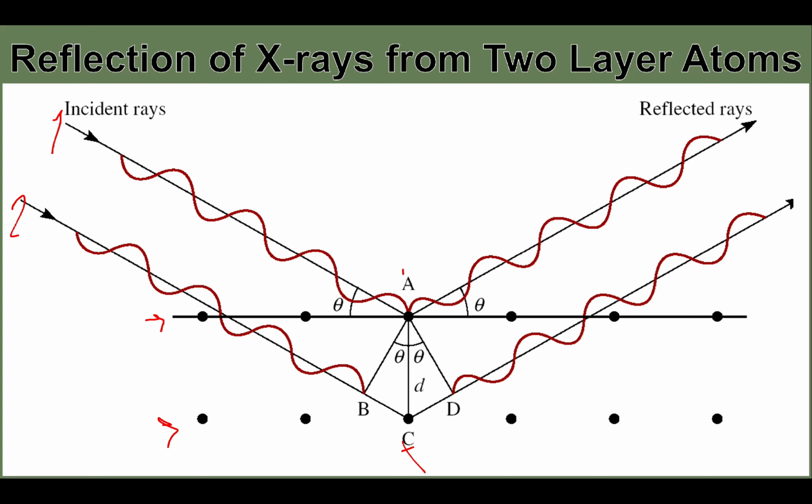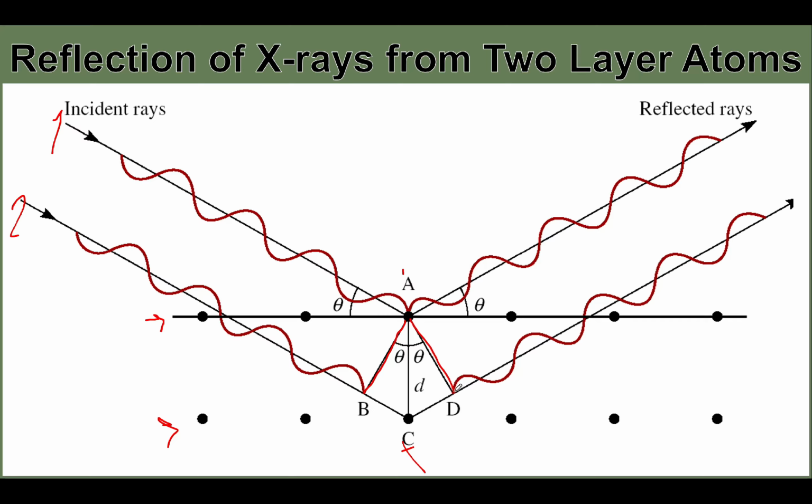But if you notice in this figure, incident rays 1 and 2 have different path lengths. They are only the same at this point, from A to B, and in terms of reflected rays, it's the same from A to D. So you have some extra distance.